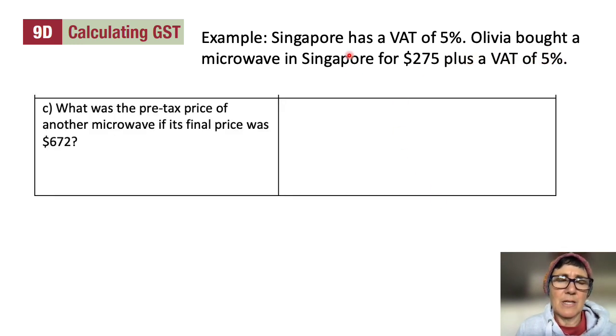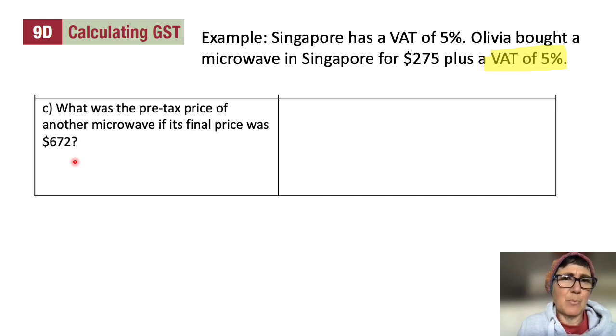Now, if we keep going in Singapore with a VAT of 5%, we'll do part C. What was the pre-tax price of another microwave if its final price was $672? Okay, so if this was in Australia and 10%, we'd take that 672 and divide it by 110 because our GST is 10%.